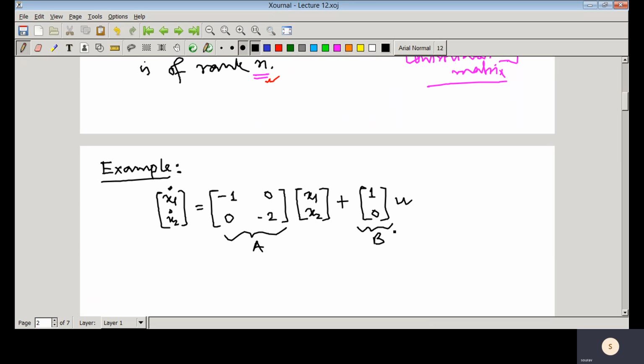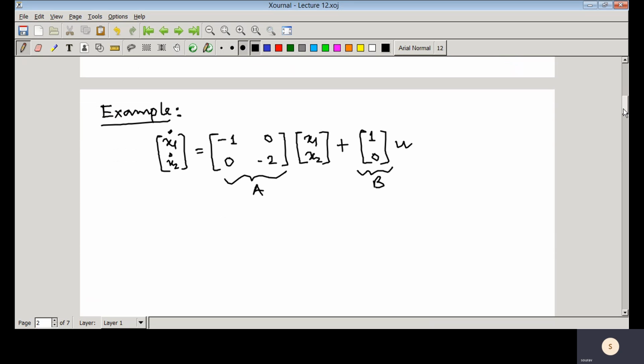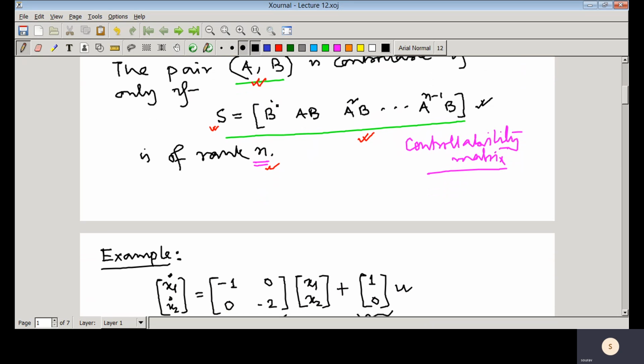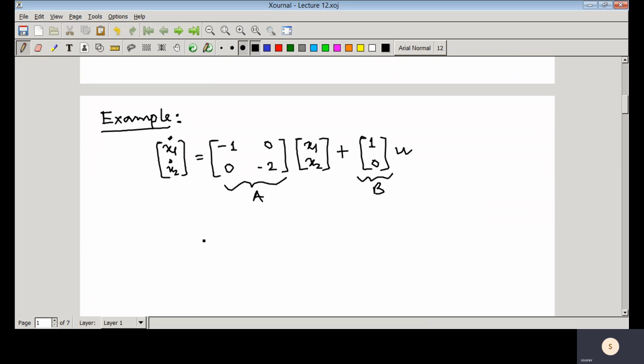Now we are interested in seeing whether the system is controllable or not. For controllability, we immediately need to form the controllability matrix. So that is B and AB. Controllability matrix S, first you write B. So B is 1, 0, and now AB.